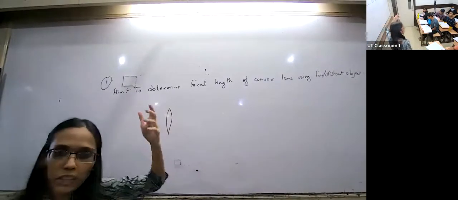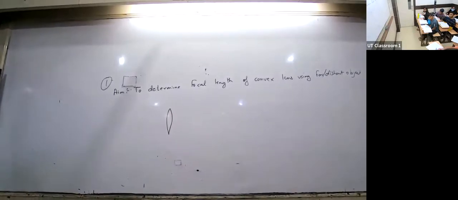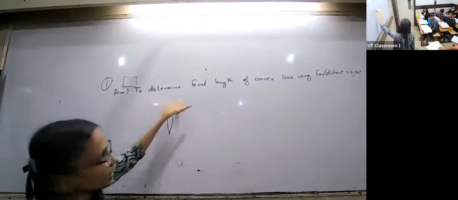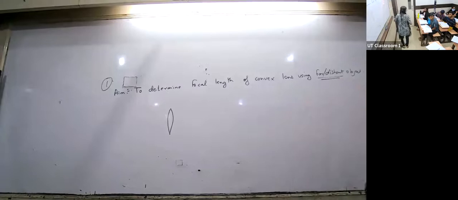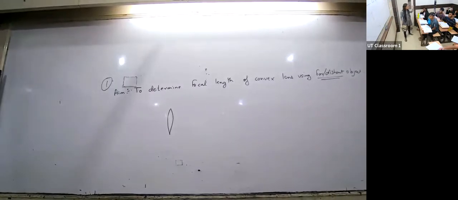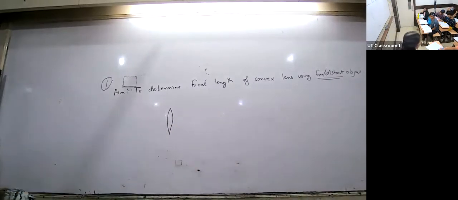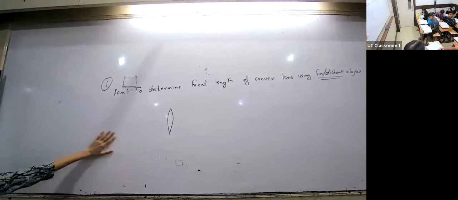So of course आपको अगर focal length ढूंढना है तो आपको object का कहीं image form करना पड़ेगा. ठीक है? तो आपको एक object भी चाहिए होगा. In this experiment, this is very important. We will be using a distant object. Distant object मतलब object का कहाँ है? काफी दूर है. ठीक है? Yes, maybe you have done it in your school, but I don't think so others are aware about this.